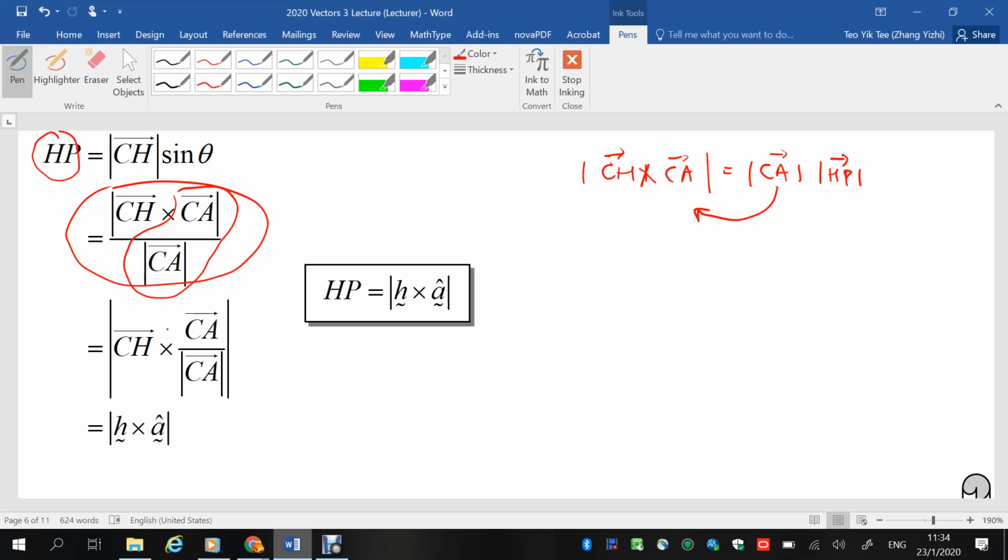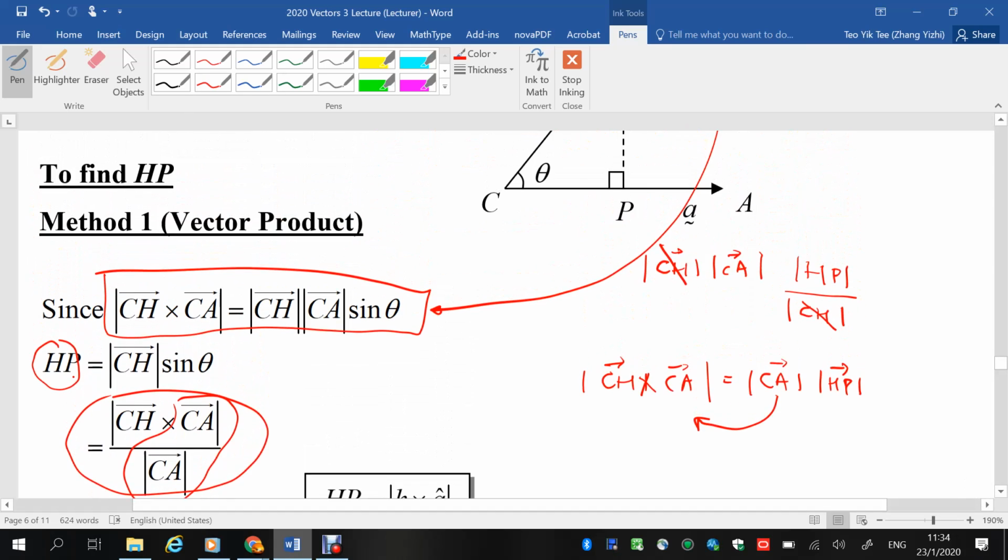That was the reason why I keep telling you it is very, very important to make sure that you differentiate between what is cross, what is dot, what is multiply. They give totally different things. So, going back to this diagram.